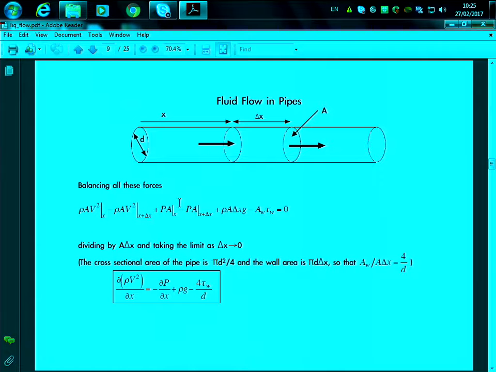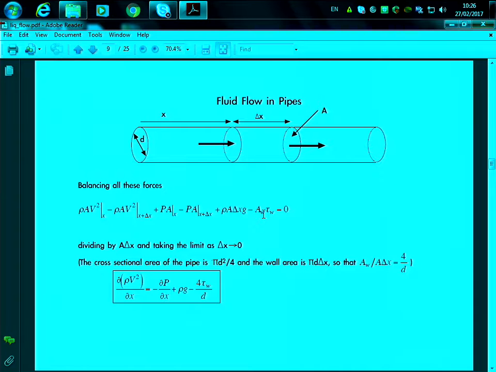So again, if we divide that over the cross-sectional area times delta x, and take the limit of delta x to 0, we can substitute the cross-sectional area of the pipe and the wall area of the pipe, according to how we calculate the area of each one.